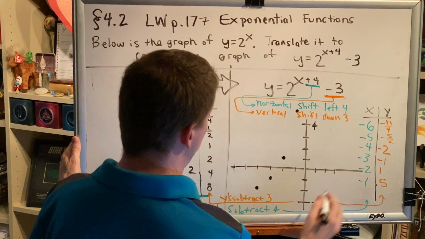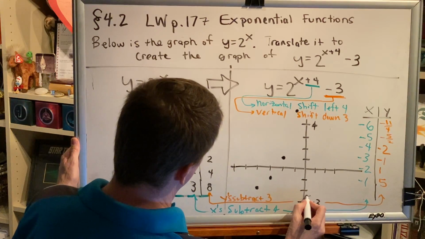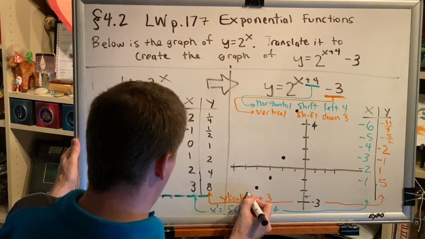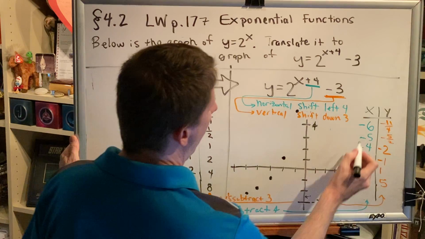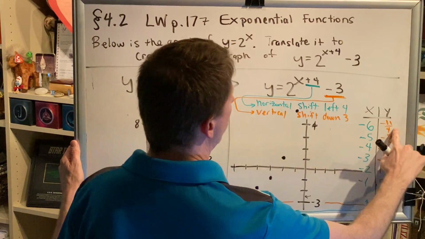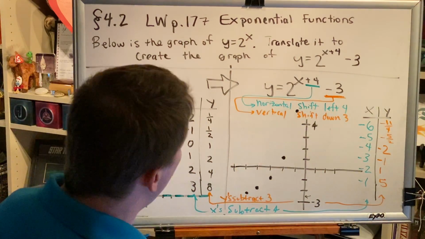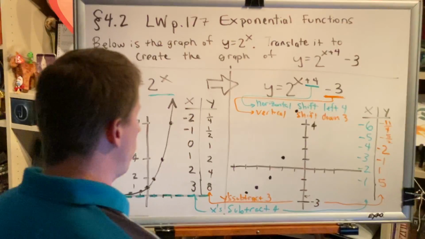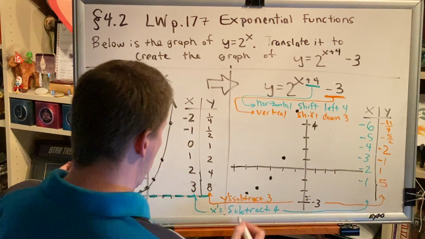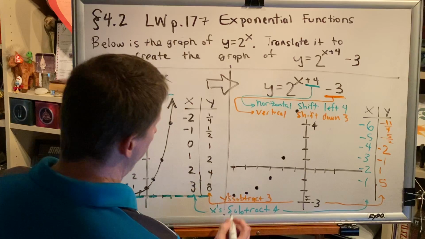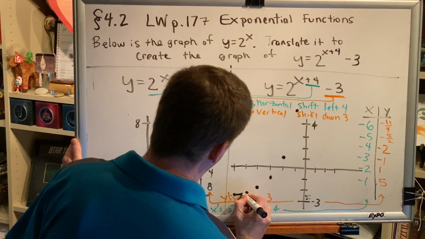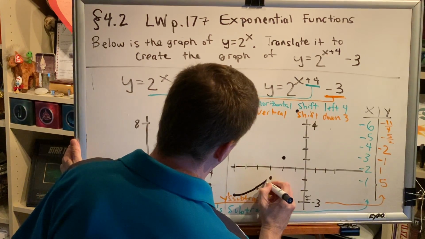Well, -5/2 is -2.5. So we're talking at that spot right there. And -6, -11/4. -11/4, let's see, that would be -2.75, which would be about right there. And so our new exponential graph is going to look like this.